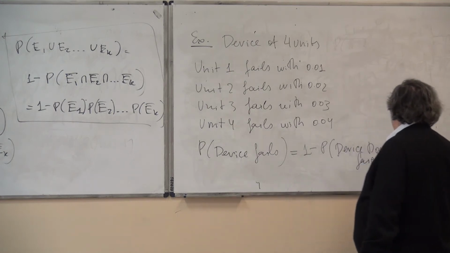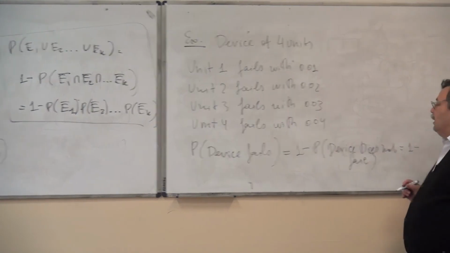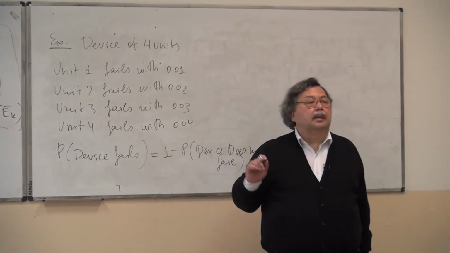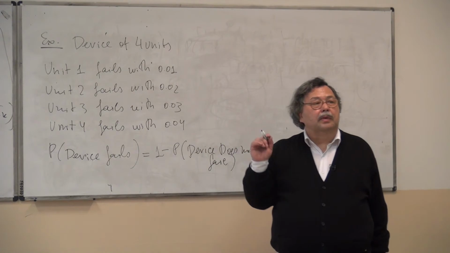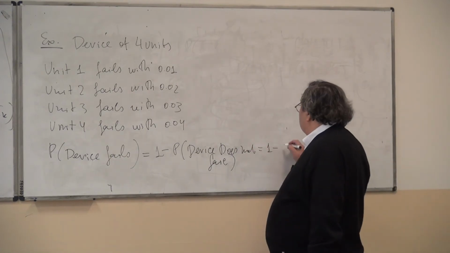which is 1 minus, and then we multiply the respective probabilities that each of these units does not fail.